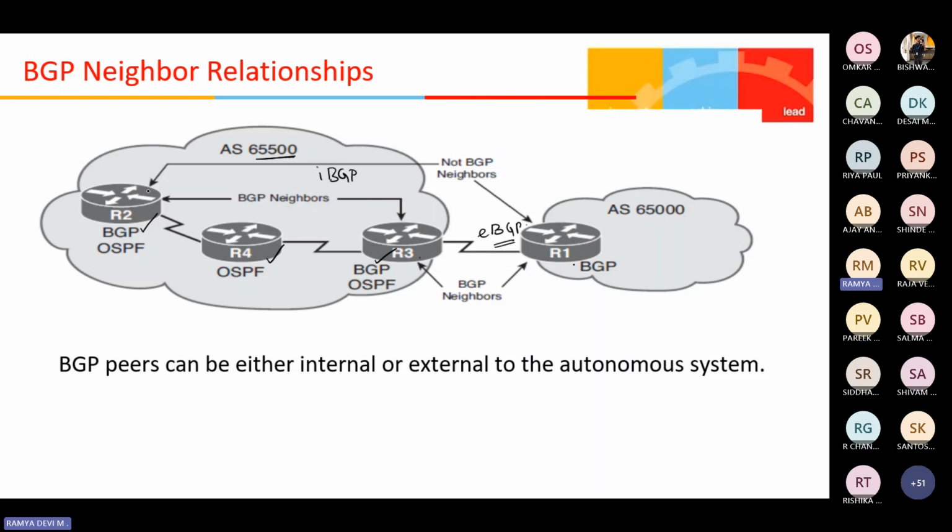They are not direct BGP neighbors. Even though I can reach R1 from R2 through the intermediate routers, they are not considered neighbors. BGP only exchanges routes between explicitly configured neighbors. In this case, R3 and R1 are neighbors. R4 is a neighbor of R2 as well as R3. Fine.